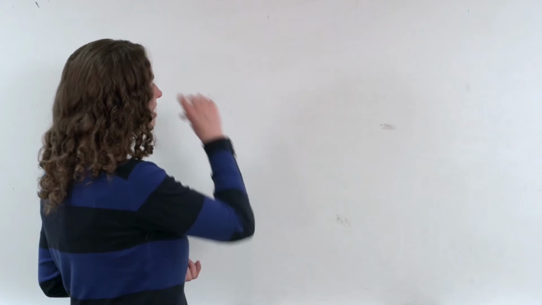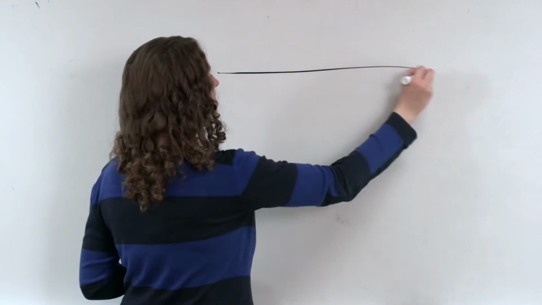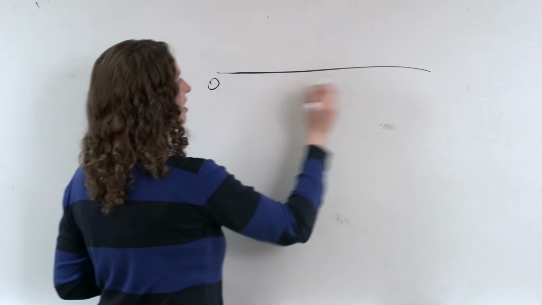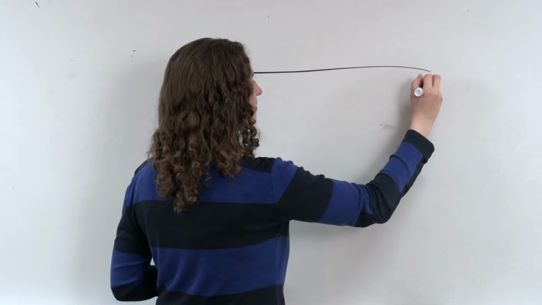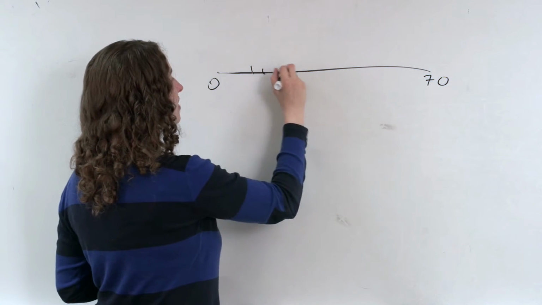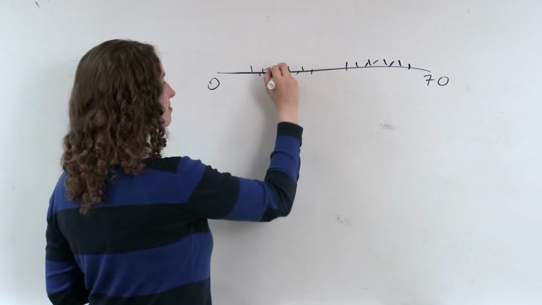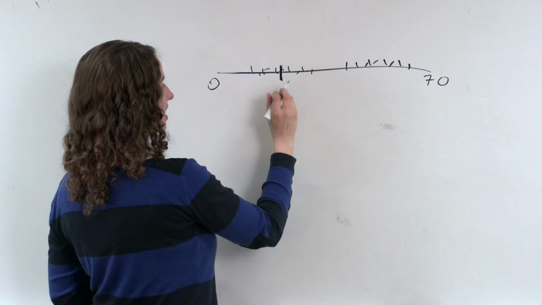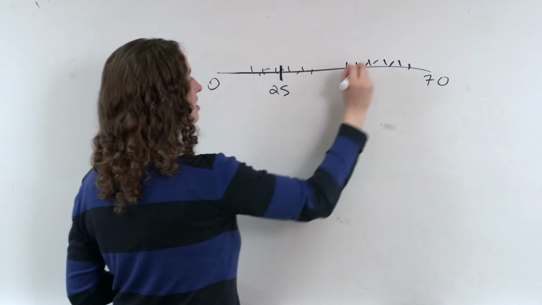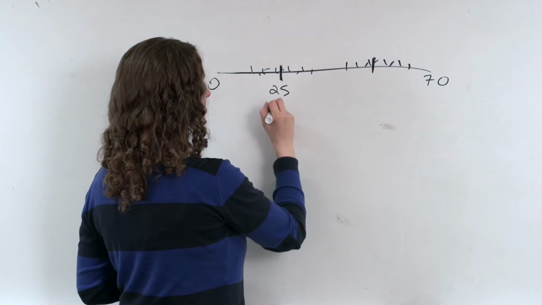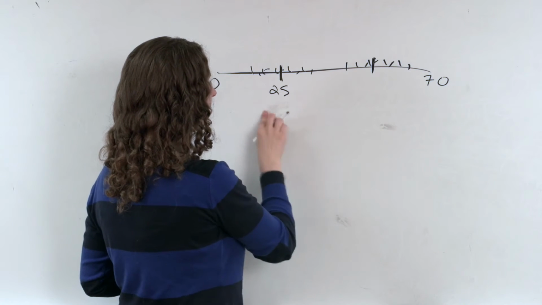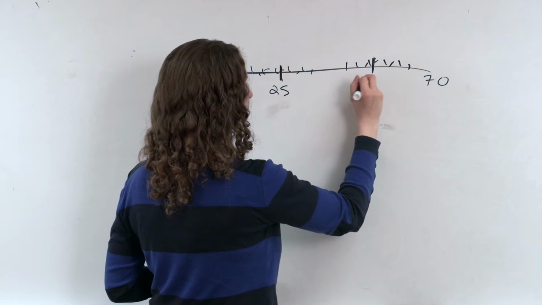Let's talk about this quantity, SP squared. What's going on here? Well, what does our data look like? We've got a bunch of X's, right? So here's a number line. Maybe, I don't know, our data goes from 1 to 70, something like that. I have a bunch of values for X, and I have a bunch of values for Y. And perhaps the mean of the X values is something like 25, and the mean of the Y values is something like 55.